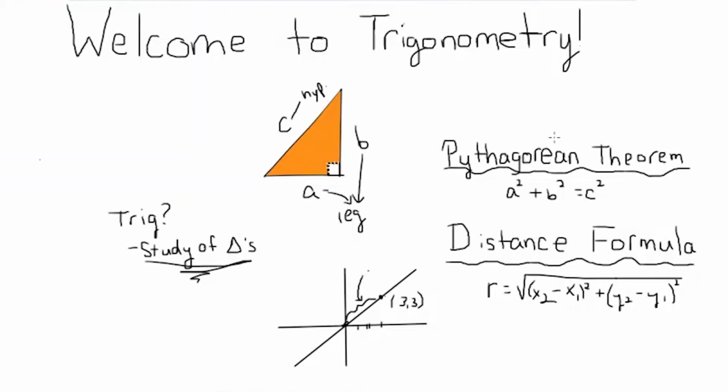The reason that these two formulas can be used interchangeably is because upon inspection of the distance formula, one will notice that x2 minus x1 and y2 minus y1 are both lengths.